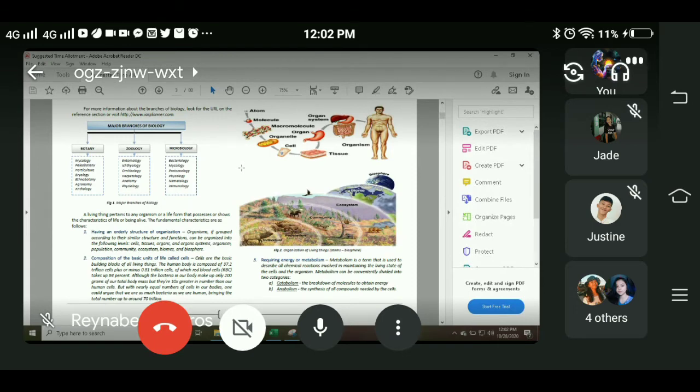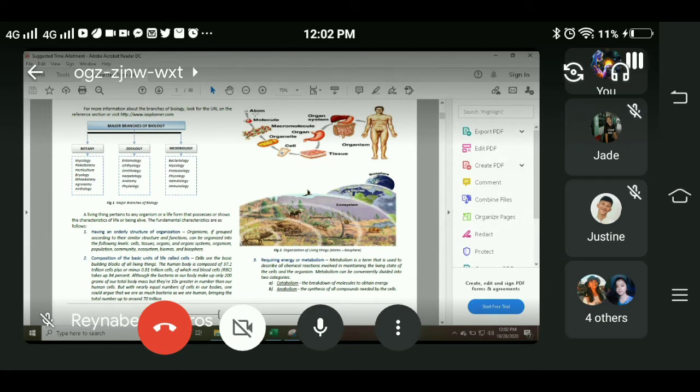'Di ba? Then aside from that is meron siyang negative or minus 0.81 trillion cells, which is nagko-compose ito ng red blood cell at saka na umaabot sa 84%. Okay? Then, etong illustration na to, ito yung pinakang structure wherein nagpapakita siya kung ano ba yung meron sa katawan ng isang organism.